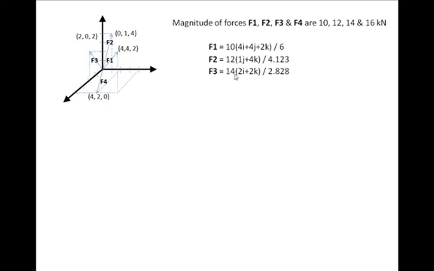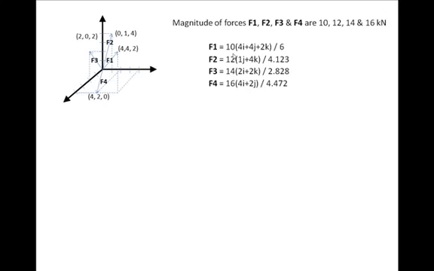And similarly, F3. See, these 2, 0, 2 are the coordinates of the endpoint of this force. So it is 14 into 2i plus 2k divided by under root, 2.828, and similarly F4 is 4i plus 2j divided by under root of 4 square plus 2 square, and this quantity is multiplied by magnitude 16.